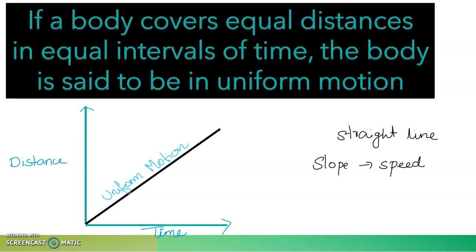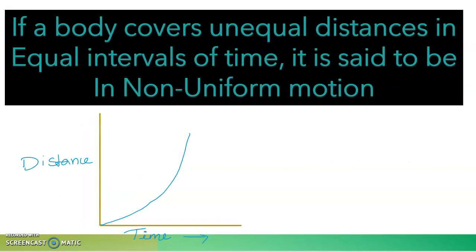Okay, now what is non-uniform motion? We have seen in the case of object B, it was traveling unequal distances in equal intervals of time. Be very careful with the terms. If a body covers unequal distances in equal intervals of time, it is said to be in non-uniform motion.